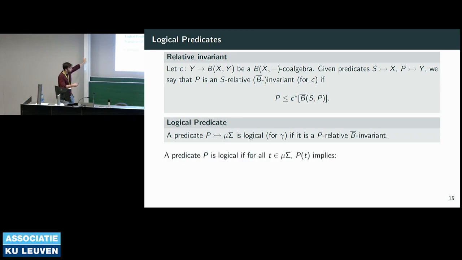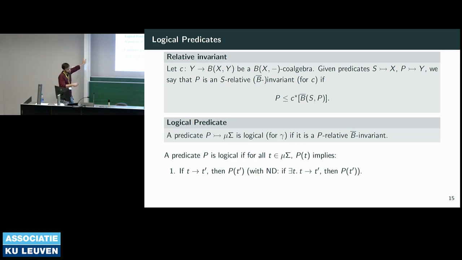Let's translate what this means for the lambda calculus. A predicate P is logical if for all terms t, P of t implies: if t goes to t prime, then P of t prime.